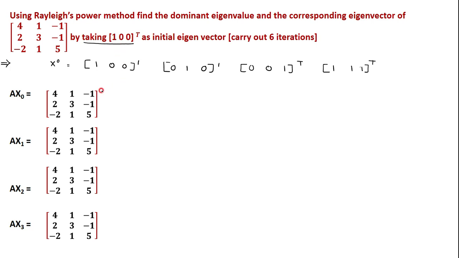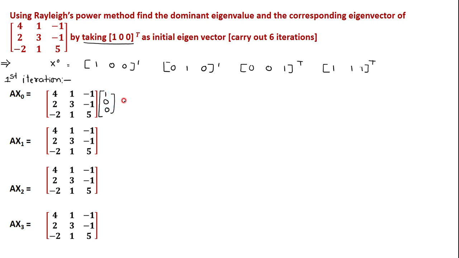Given the initial approximation, we have to multiply it with the matrix A and take it as the first iteration. So the first iteration is given by A into x naught. Multiply x naught, that is the initial approximation, with A.